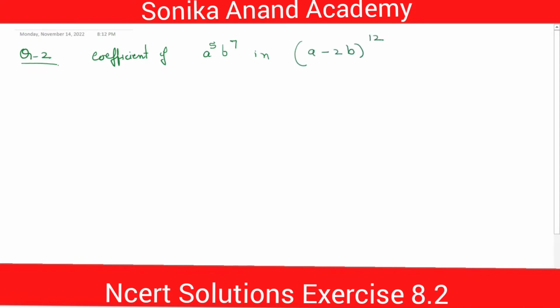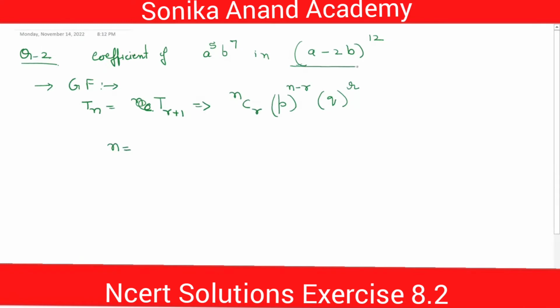Now listen, don't write. Tell me here, what is the general formula? T r plus 1 is equal to nCr p to the power n minus r q to the power r. Now what is the value for n from this expansion?